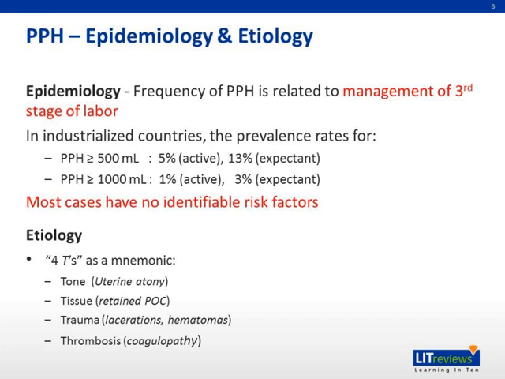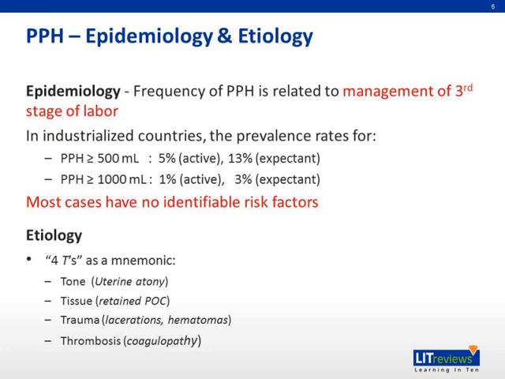For PPH that's more than 500 ml, active management has a prevalence rate of around 5%, whereas if there is expectant management, 13% of PPH happens. And for PPH that's more than 1000 ml, active management prevalence rate is around 1%, and for expectant management, the prevalence rate is around 3%. And most cases of PPH have no identifiable risk factors.